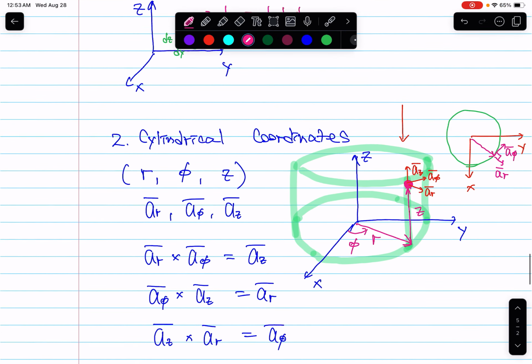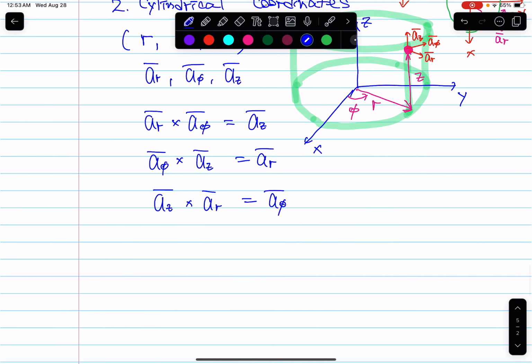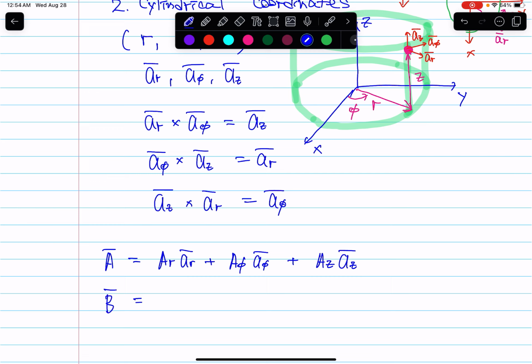So similarly, if you want to express a vector A, that would be AR, A pi, AZ, and B would be BR, B pi, BZ.